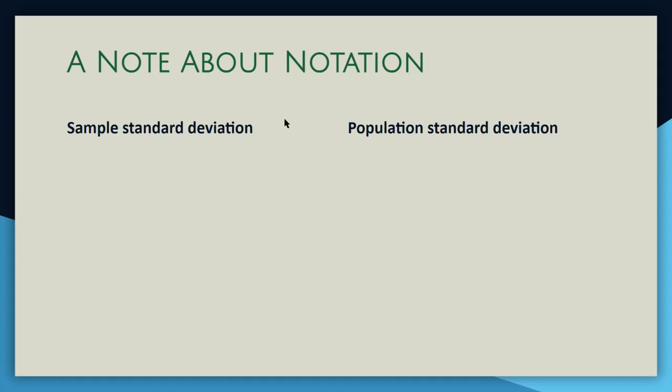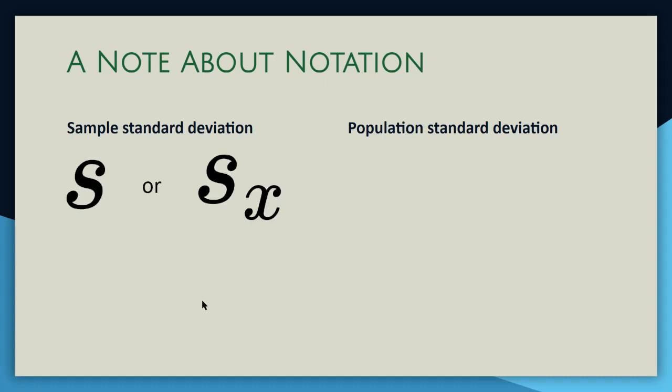Just like the mean, we have notation for standard deviation to make the distinction between sample and population values. And just like the mean, we're going to use an English letter for the sample value and a Greek letter for the population value. And that's pretty consistent throughout all of statistics. English letters for sample values, Greek letters for population values.